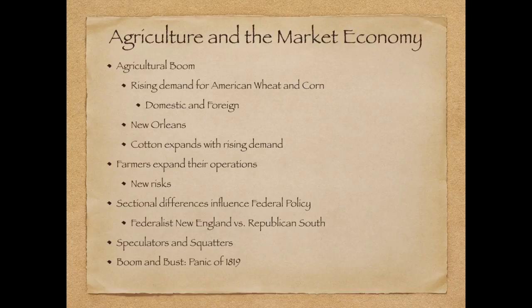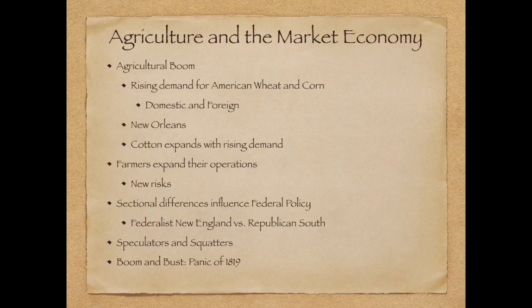Partisan and sectional pressures also buffeted federal land policy. Early federal land policy attempted to ensure the orderly settlement of the public domain, and to this end you have things like the Ordinance of 1785, which divided up public lands into sections, and the Northwest Ordinance, which provided a method for those places to become states.